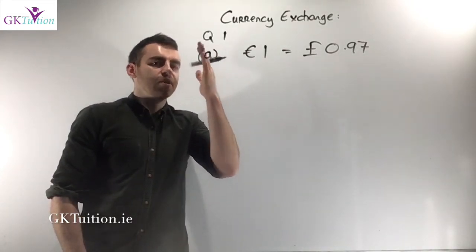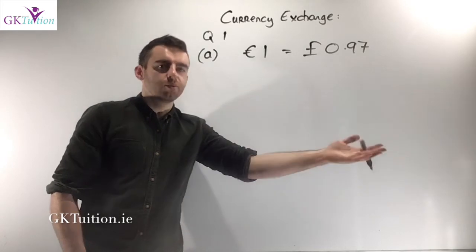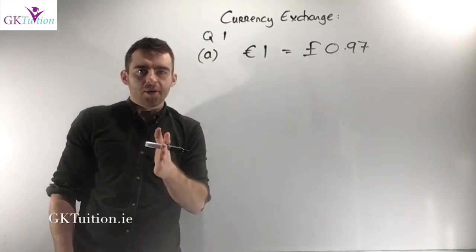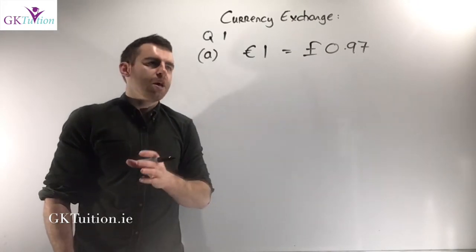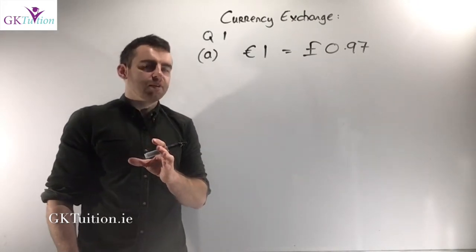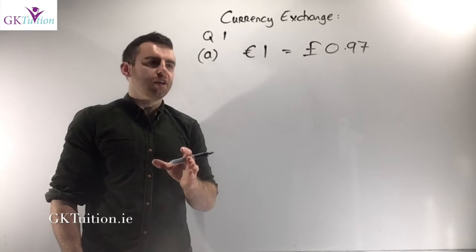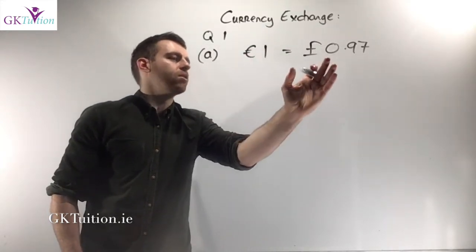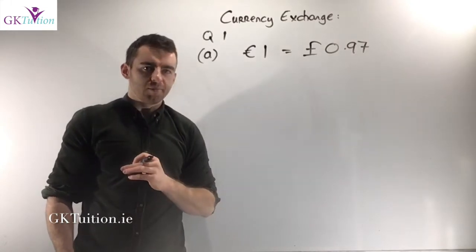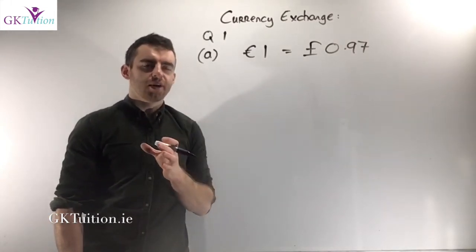They would tell you that £1 is equivalent to 1 point whatever euro. It would be £1 is this many dollars and £1 is this many Australian dollars or whatever. So in the table we've been given, we've been told that €1 is equivalent to 0.97 pounds sterling. That's the way that exchange rates work.